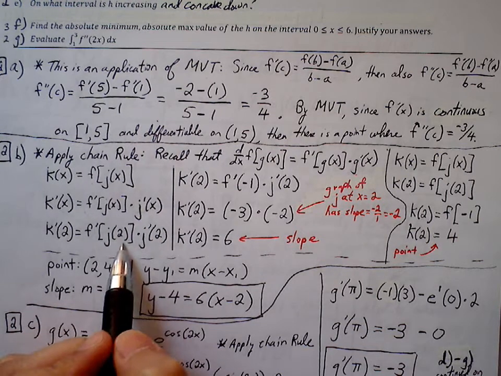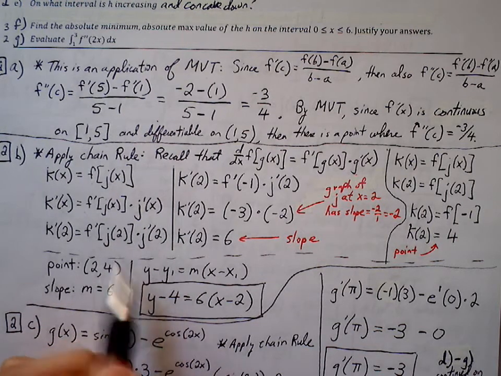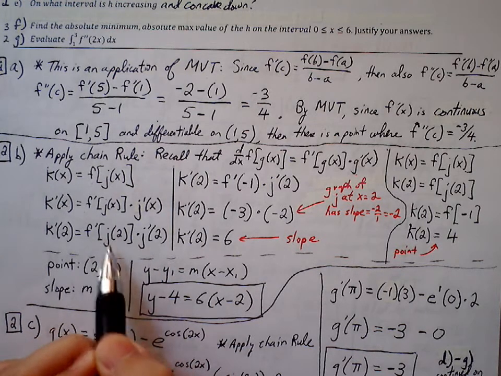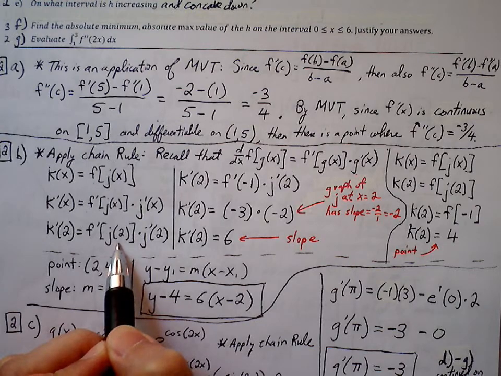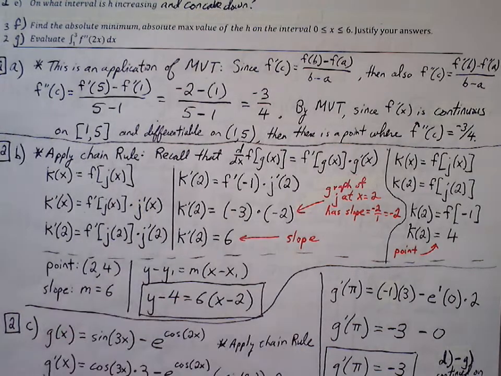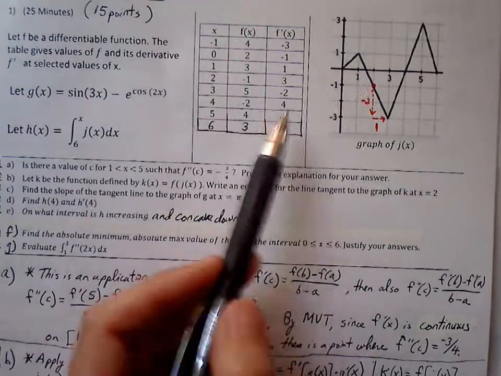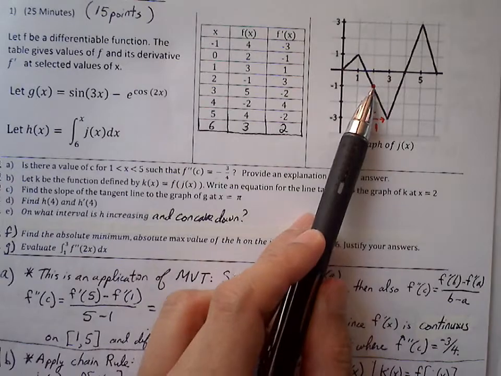Replace every x with 2, and then let's see if we can work our way down to a numeric value at the end here. So j of 2 is just going to be negative 1 because we look at our j of x graph. So j of 2 is going to be just negative 1. That's the order pair. All right.